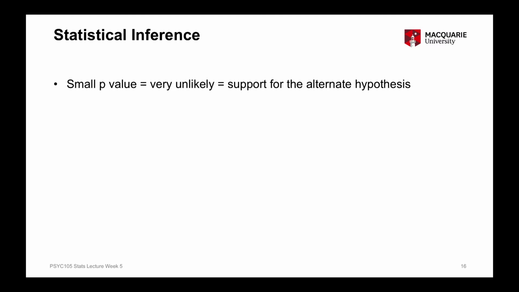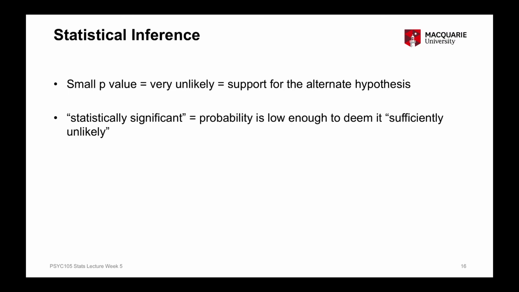The smaller our p-value is, the less likely it is that the null hypothesis is true. Therefore, the more likely it is that we have support for our alternate hypothesis, the more likely it is that the alternate hypothesis is true.